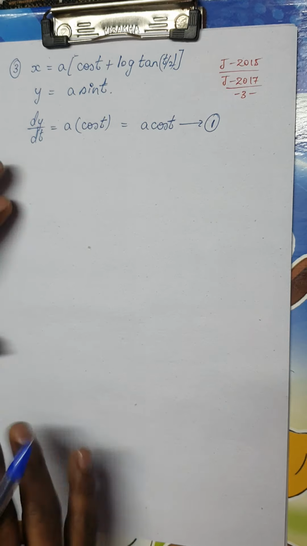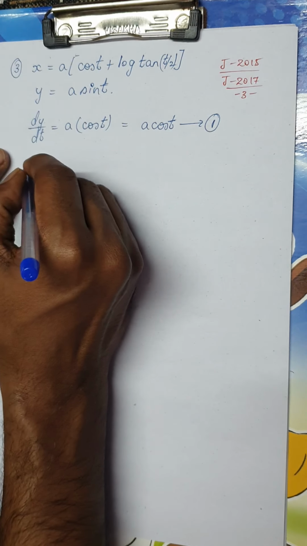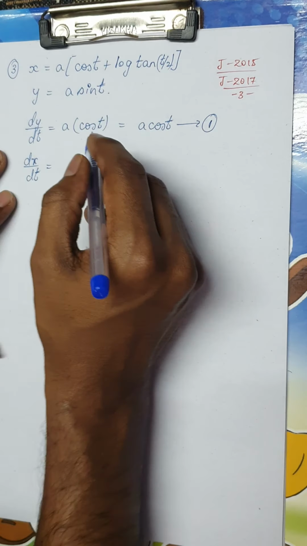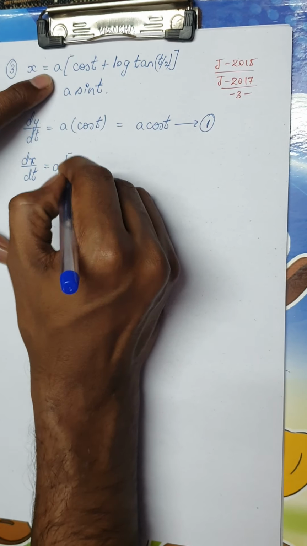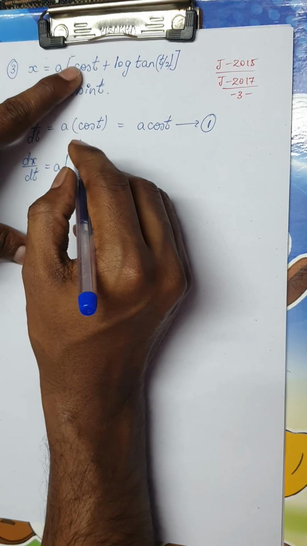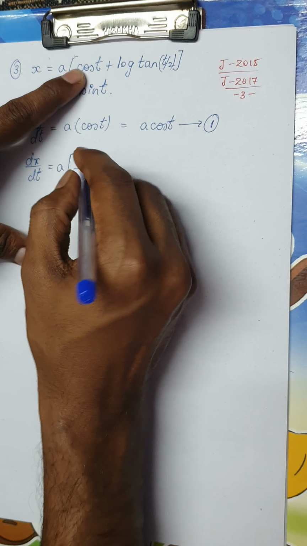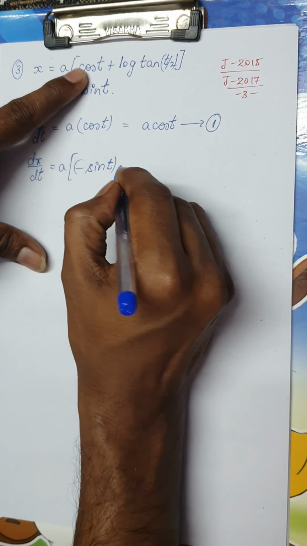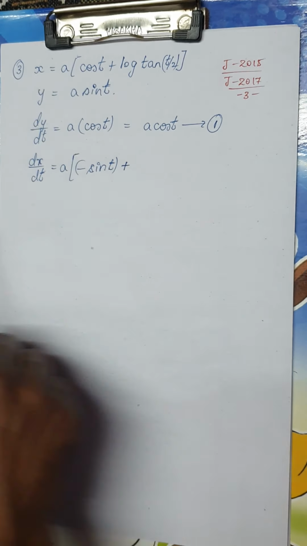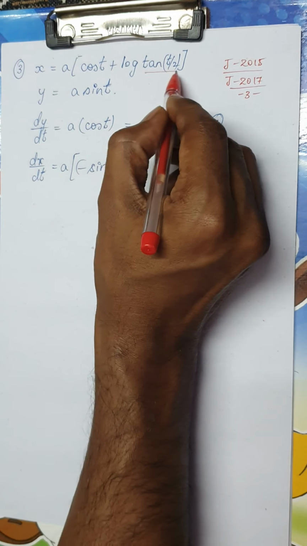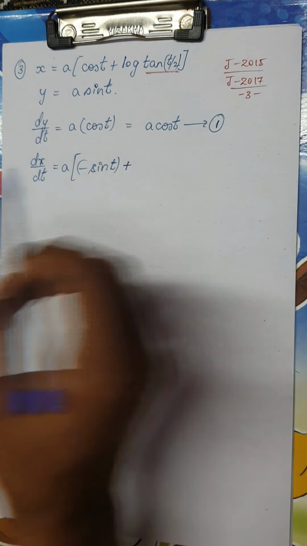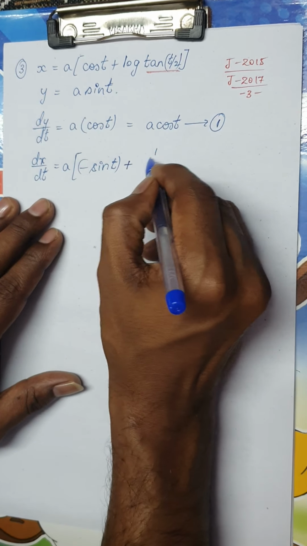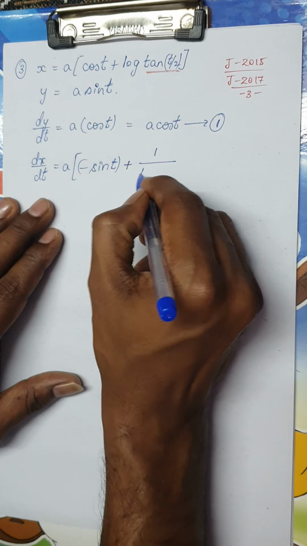Now going to this part, dx by dt is nothing but, remember, a is a constant, keep it outside. What is the derivative of cos? The derivative of cos is minus sin t, plus, remember this entire thing you can consider as f, log of f of x. What is the derivative of log of f of x? We know the derivative of log is 1 by f of x.